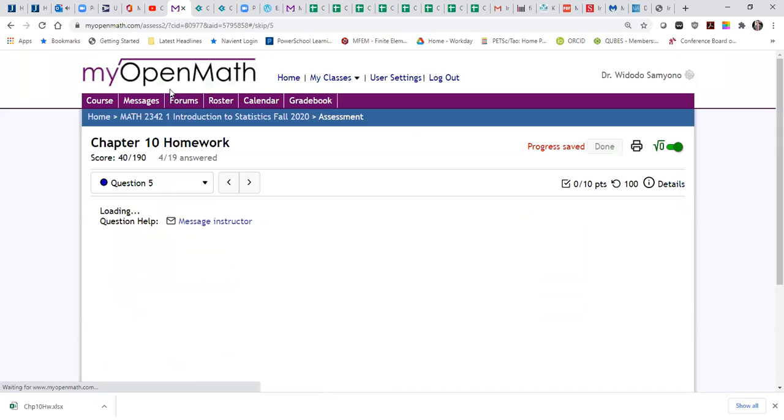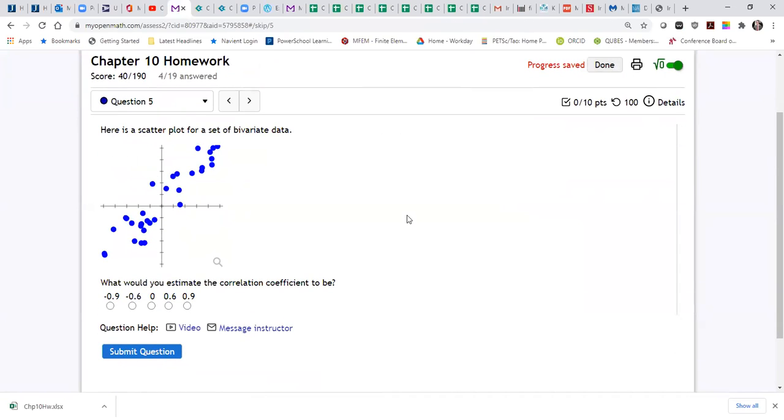Okay, so the next one. You just need to see here, because this means the correlation will be positive, right? Because from left to right it moves up. Okay? And you can see also, yeah, you can watch the video if you want to.